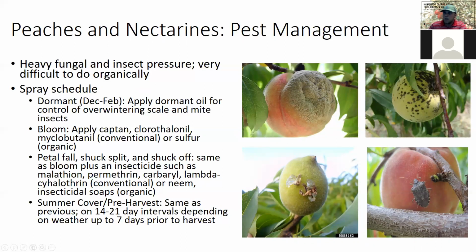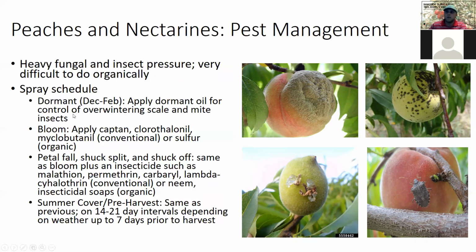San Jose scale is a big pest insect. They basically just overwinter on the bark of the tree. You're going to want to cover the entire bark with a dormant oil, and it'll help suffocate and kill them. It'll also drop some of the overwintering fungal spores on the bark of the tree as well. So you do get some benefit there.